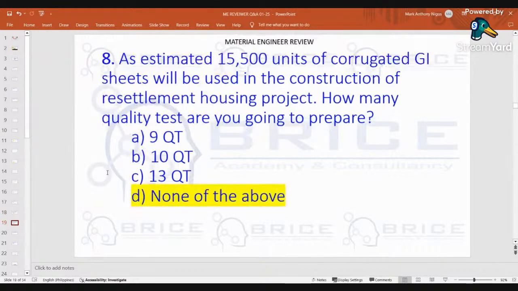The answer is none of the above. How many could it be? For those who know, please comment. The answer is not listed there, so I'll just comment the answer.